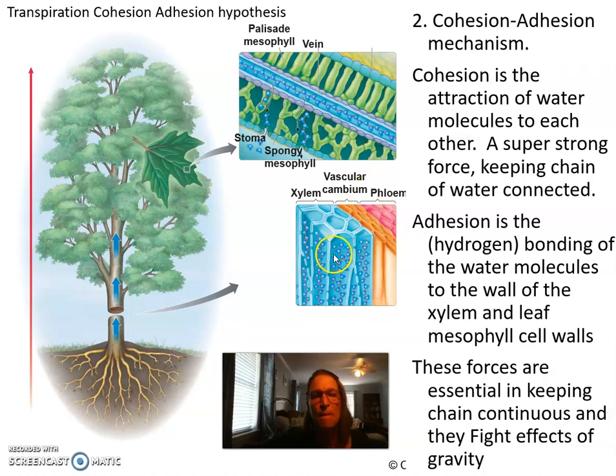And here we can see water again in the xylem, the tracheids of the stem, and you can see that the water molecules are attached to each other through cohesion, and they are also kind of stuck to the edges of the tracheids through adhesion. And both of these mechanisms involve hydrogen bonds, which are really strong bonds.